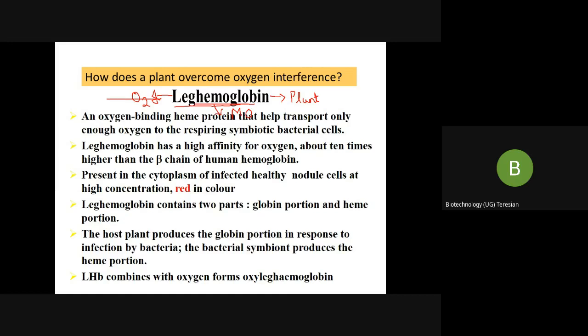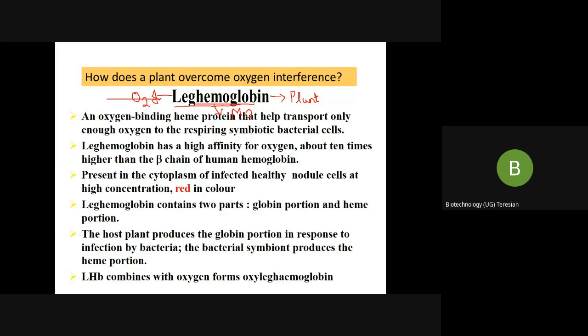Only the mechanism in which they avoid the oxygen is different, whereas my rhizobium plant does this mechanism. The protein portion, globin, is provided by the host plant. Whichever rhizobium infects whichever leguminous plant, that plant is going to produce the protein portion, that is the globin.